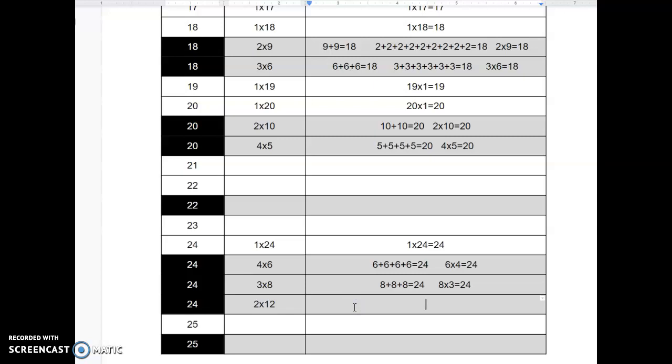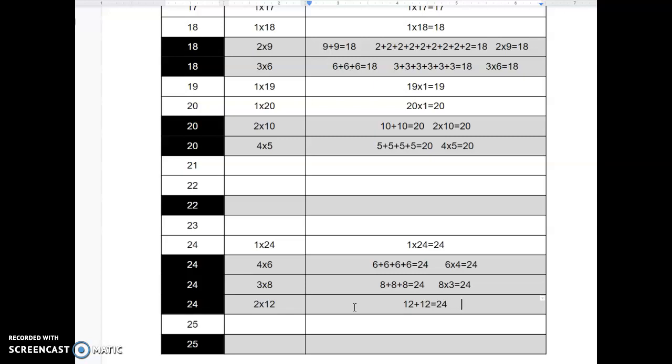Now let's look at the last one. Write an equation for our 2 by 12 rectangle. Did you write this equation? Show a connection if you did. 12 plus 12 is equal to 24. That's a good equation. That shows our 2 rows of 12.